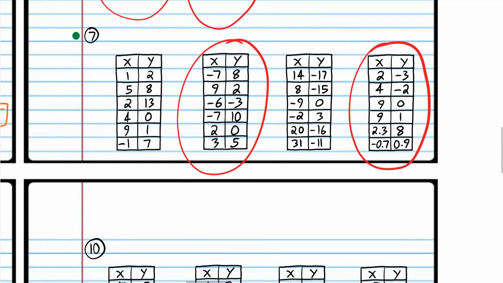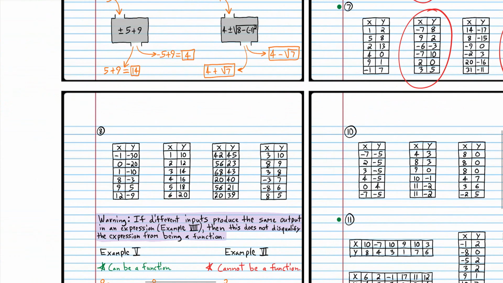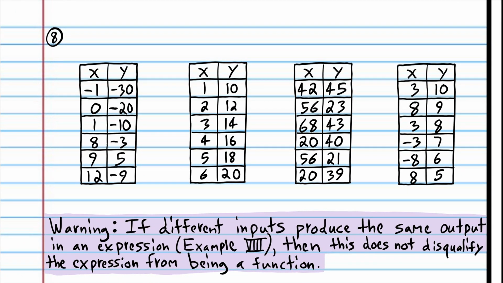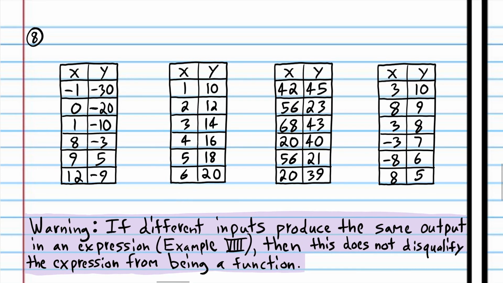If you got that right, excellent. Try one more of these problems. When you come back, we'll do it together. Okay, we're back. There are no repeated numbers here in the X column, but we have 20 repeated, so that does not qualify.